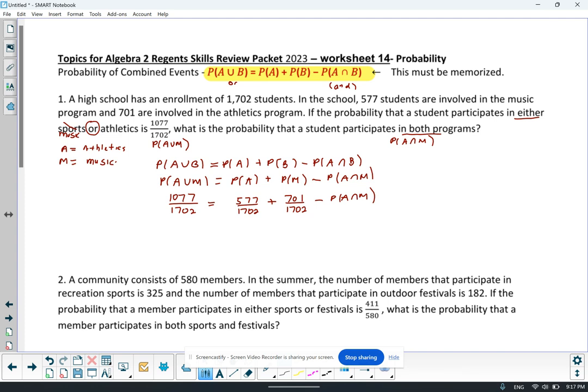So that's both events. So with my calculator, I'm going to add 577 plus 701. I can just add the numerators since they have a common denominator. And that gives me 1,278 over 1,702.